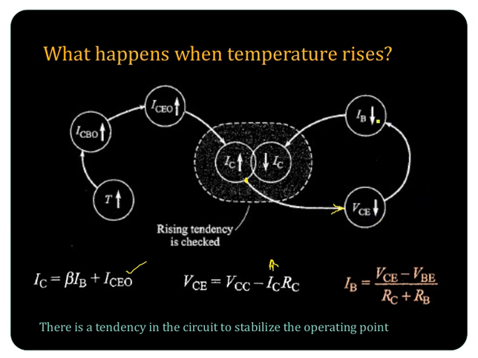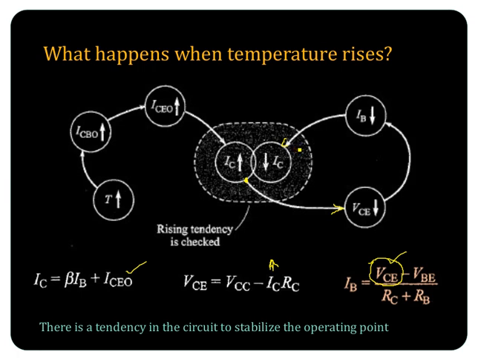As VCE decreases, IB will decrease. Why? We have this expression for IB, IB equal to VCE minus VBE by RC plus RB. Or as VCE decreases, this term decreases, which means IB will also decrease. If IB decreases, what happens? This base current is lowered, which will reduce the increase in collector current, or our collector current comes back to this region. That is, it is not that much increased, or the increase is not appreciable when compared with the fixed bias circuit.